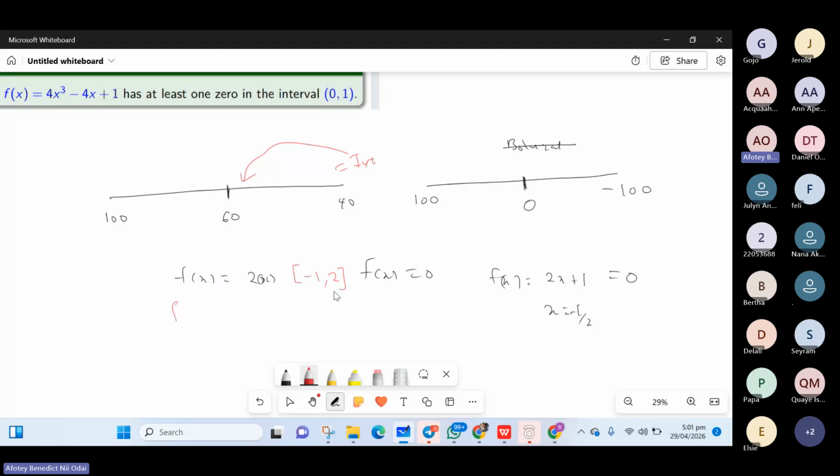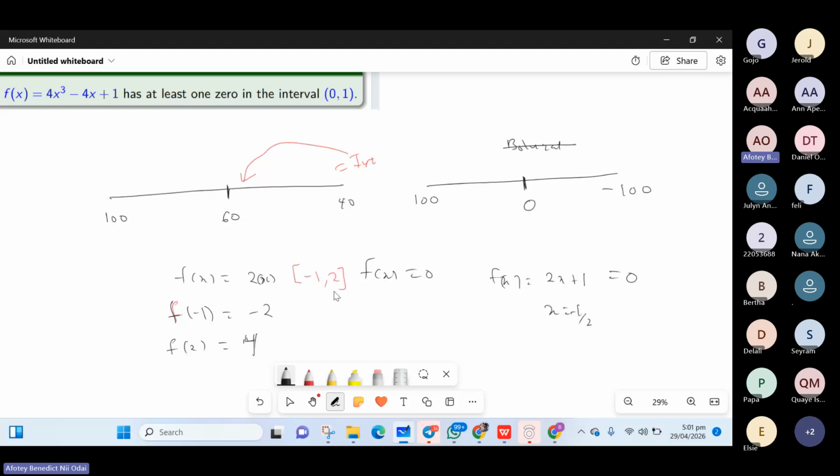When x is equal to negative 1, f of x is equal to negative 2. When x is equal to 2, f of x is equal to 4.